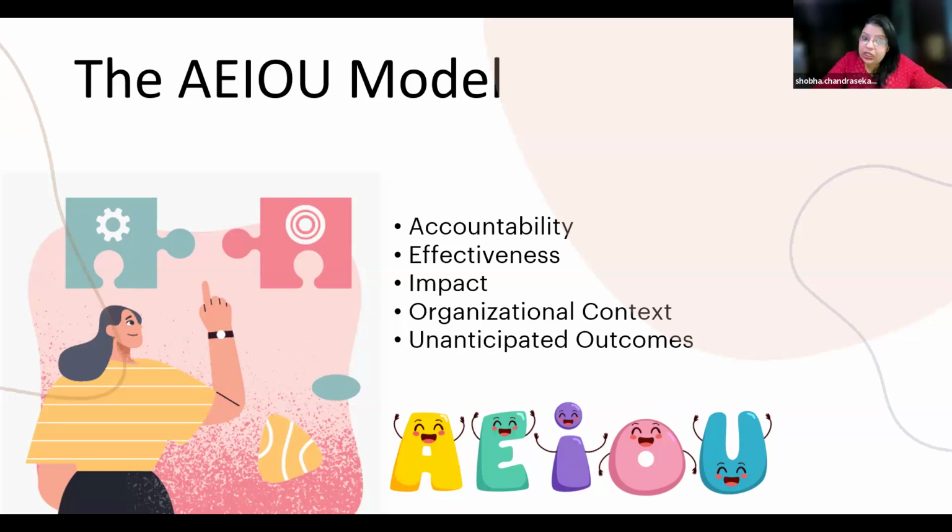You've already done all that. This is post your training. You are trying to see whether the impact is there or not. The difference between this model and the other model is that you are applying it after training. Your training, you've already checked whether it meets the organizational goals or not.